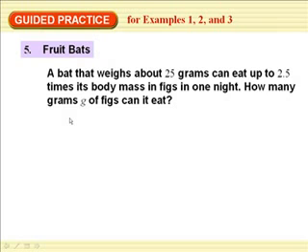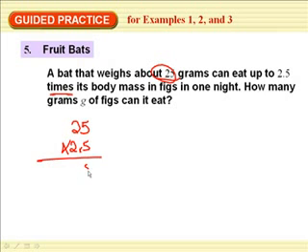What do you think? I think if it's times its body mass, it weighs 25 grams, so wouldn't that just be 25 times 2.5? I think it is. It says times its body mass. How many grams? Yep, it is.